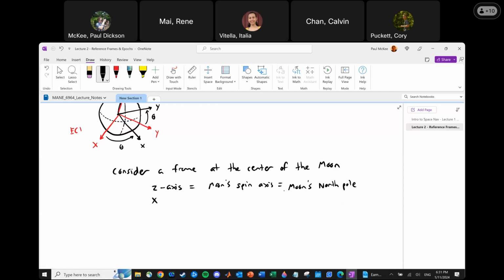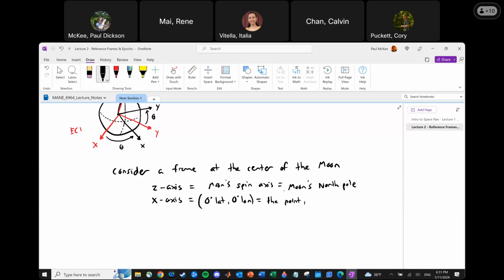The x-axis is, again, 0 degrees latitude and 0 degrees longitude. But then that begs the question, what the heck is that on the moon? How do we define latitude and longitude on the moon?